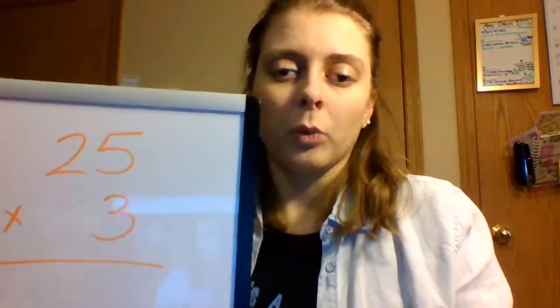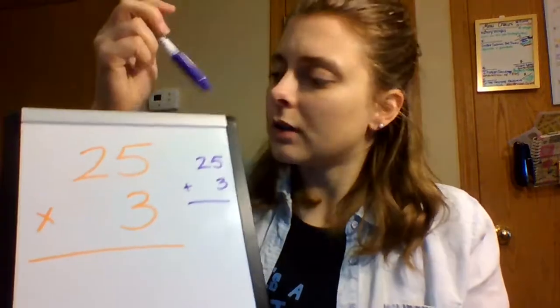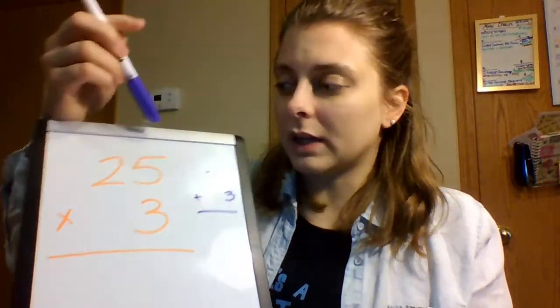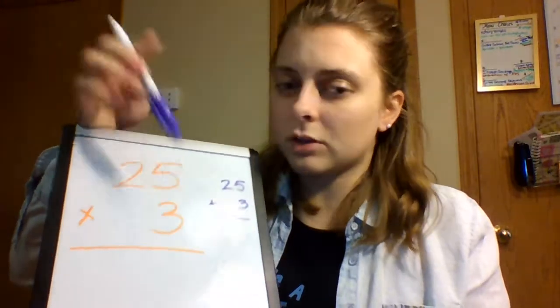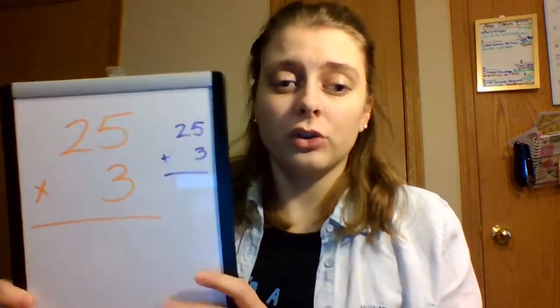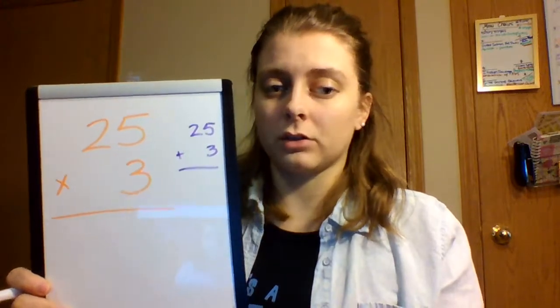You start with your ones column, just like when we're doing addition and subtraction. If we were doing this as an addition problem, we would start with our ones and do 5 plus 3. It's the same thing over here, 5 times 3. Just like in addition and subtraction, you can use carrying and regrouping and all of those things, okay?